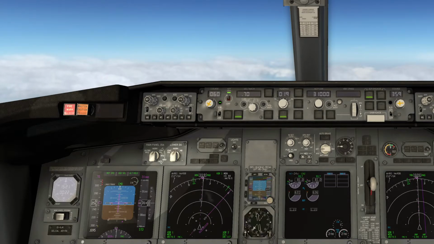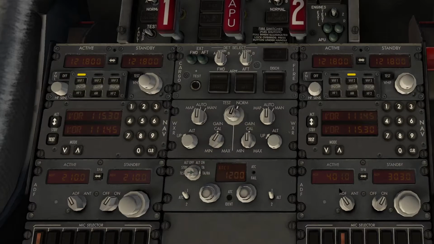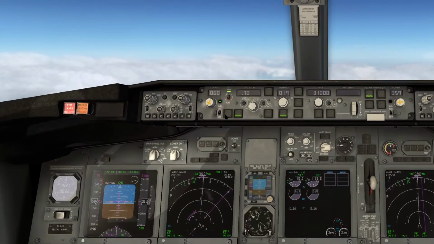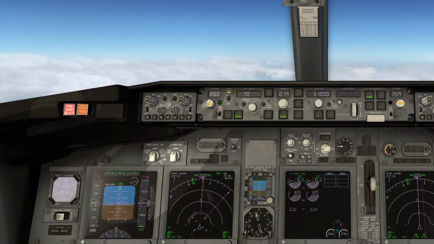So on this heading, we are on heading 019. We can intercept the Dijon 359. We are cruising at 310 VNAV speed.